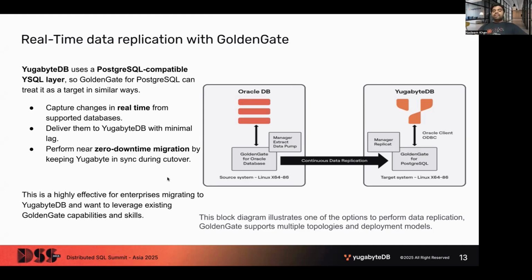This again can enable you to perform near zero downtime, and this is the tool behind most of the zero downtime migration tools in the market. So Golden Gate is one reliable tool. Through that you can migrate or keep replicating data between any of the supported databases and YugabyteDB.